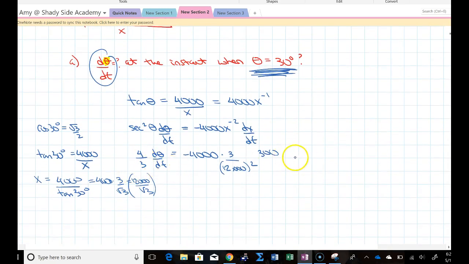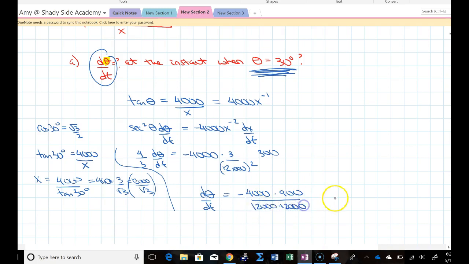When I go and solve this, and this actually isn't that bad because we're going to have some things canceling very nicely, I get d theta by dt equals, let's do this together, negative 4,000 times 900, all divided by, I'm going to start canceling zeros with glee, times 3/4.